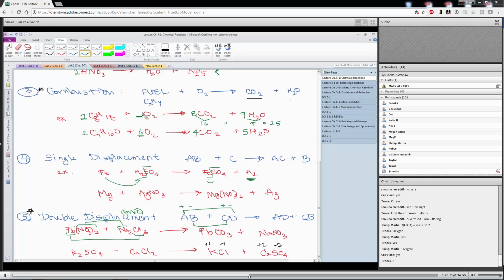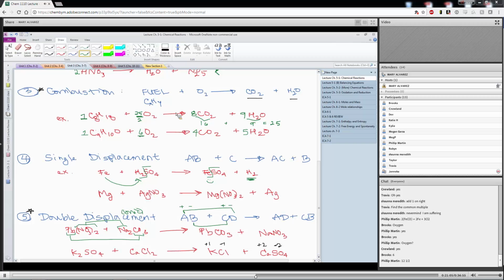This needs to represent all 25, but they come in pairs. What should I make that? Or in other words, what times 2 is going to give me 25? Philip Martin says 12 and a half. Perfect. Or 25 halves, right?